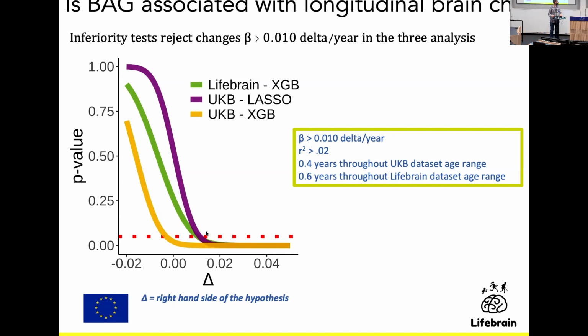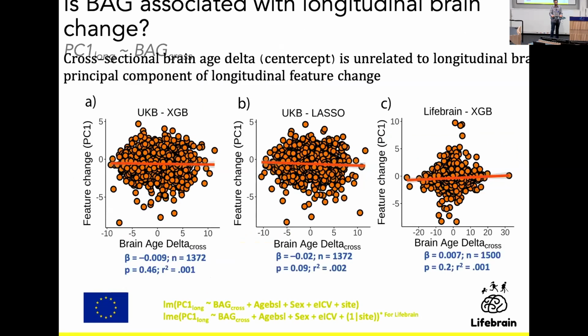To sum up, if there is a relationship between cross-sectional delta and longitudinal change in delta, it is quite small, and we could reject individual changes bigger than 0.6 years in the Lifebrain dataset, for example, and 0.4 in the UKB dataset.